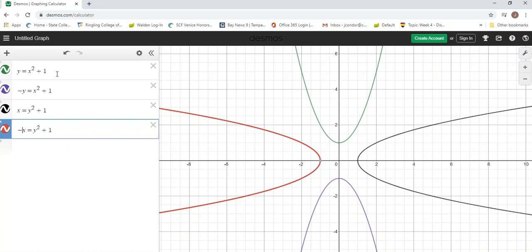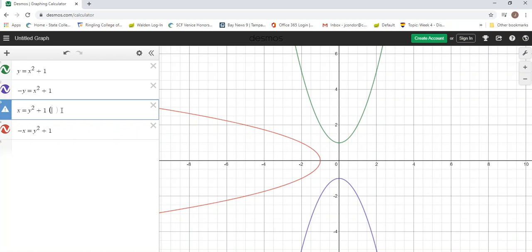Remember that you can restrict these values. For example, let's say this black one, x greater than 2.